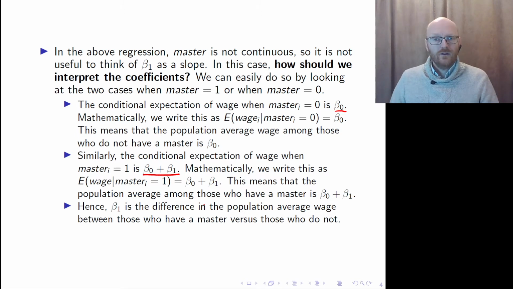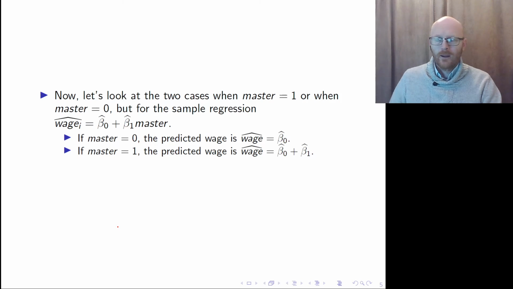So the population average among those who have a master's degree is beta naught plus beta 1. So if you take the difference, then beta 1 is the difference between these population averages, and this we can use a lot.